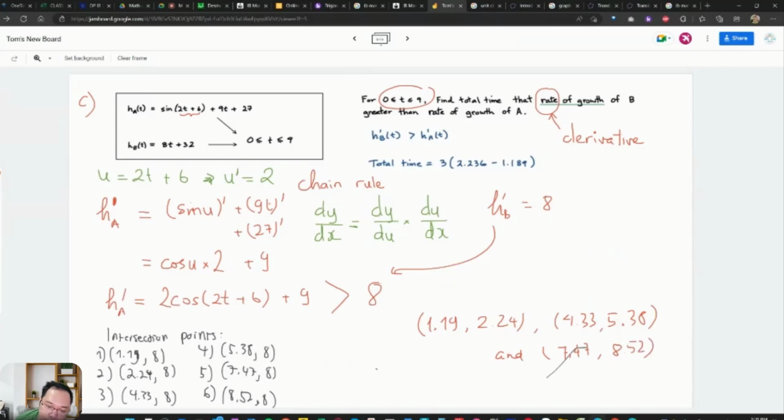Okay, the time interval in which the rate h_B derivative is greater than h_A derivative, and listing simply. Okay. Intervals. Okay, that is for paper 2.